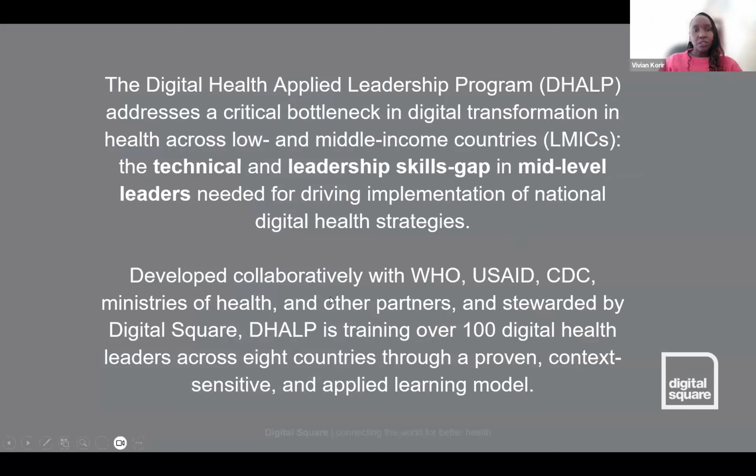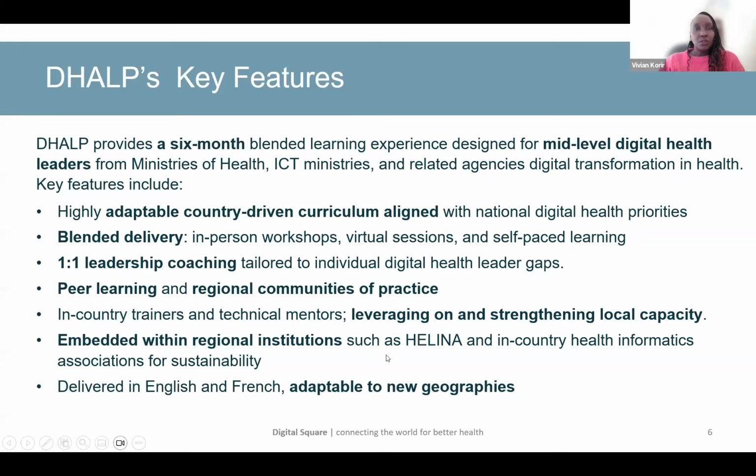This program was developed collaboratively with WHO, USAID, CDC, Ministries of Health, other partners I've mentioned, including AeHIN. And it is stewarded by Digital Square at PATH. To date, we've trained over 100 digital health leaders across 8 countries in Africa using a proven, context-sensitive and applied learning model.